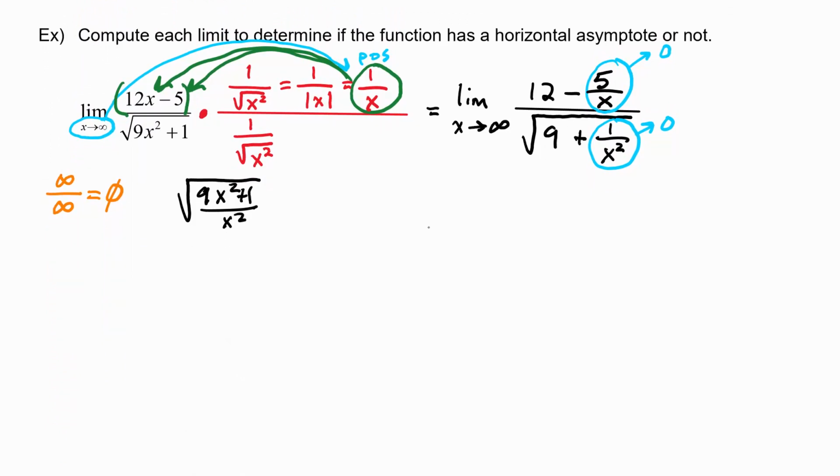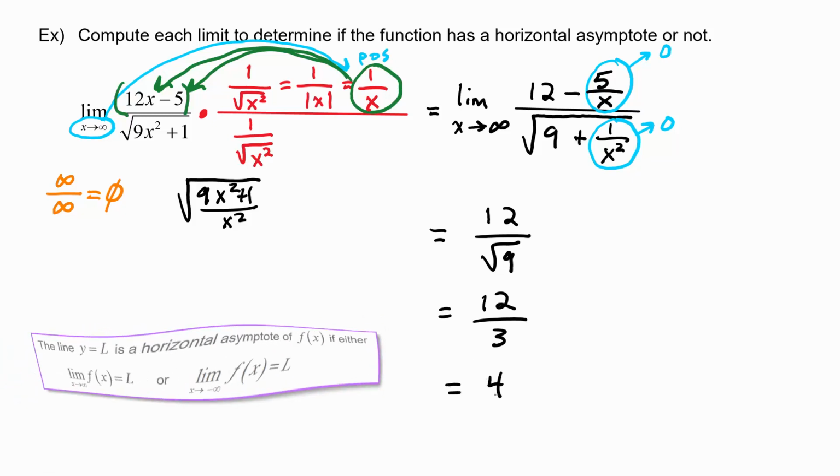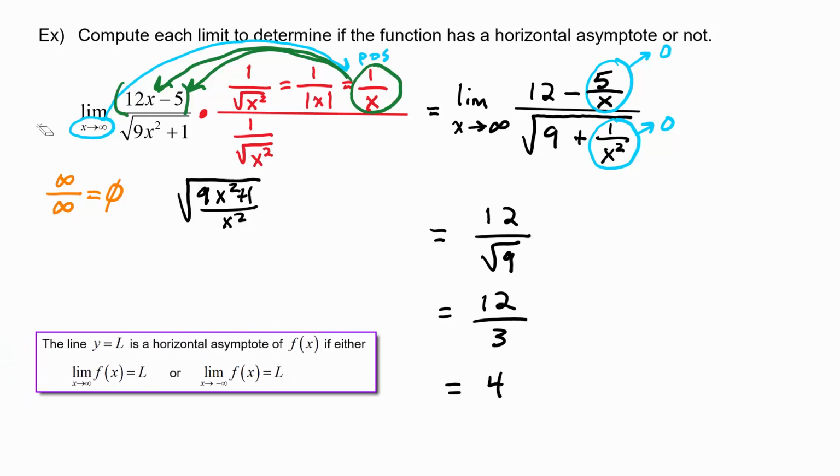We know then that this is going to equal 12 over the square root of 9, which is 12 over 3, which is 4. Because we did a limit at infinity and it worked out to be a real number, therefore there is a horizontal asymptote at y equals 4.